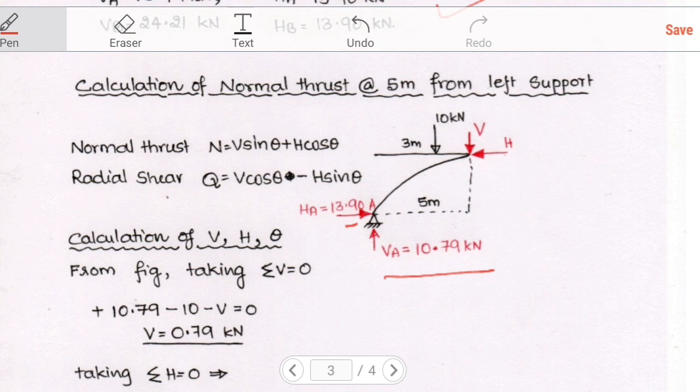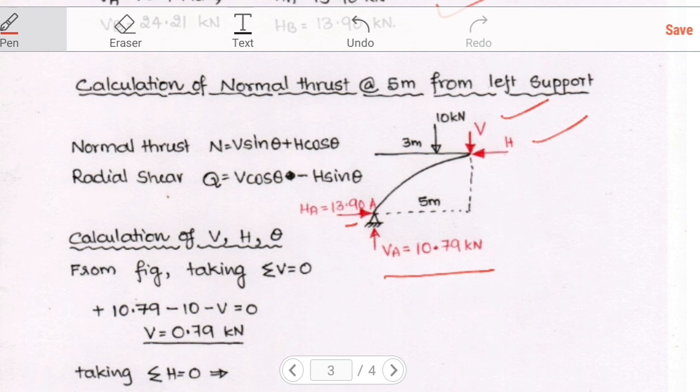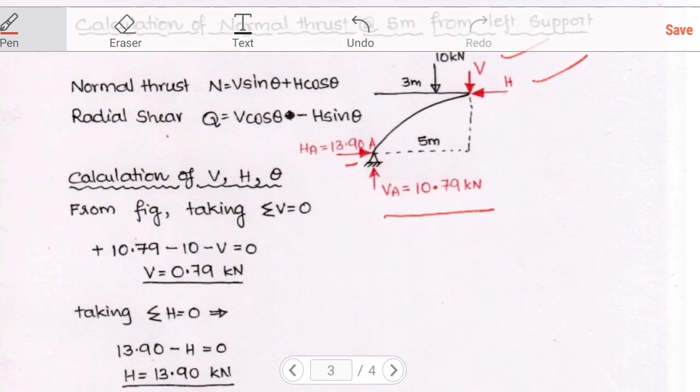For that, first we will write the figure something like this: V is downside and H is towards the left hand side, and we will apply summation of vertical force is equal to 0 for this particular figure.